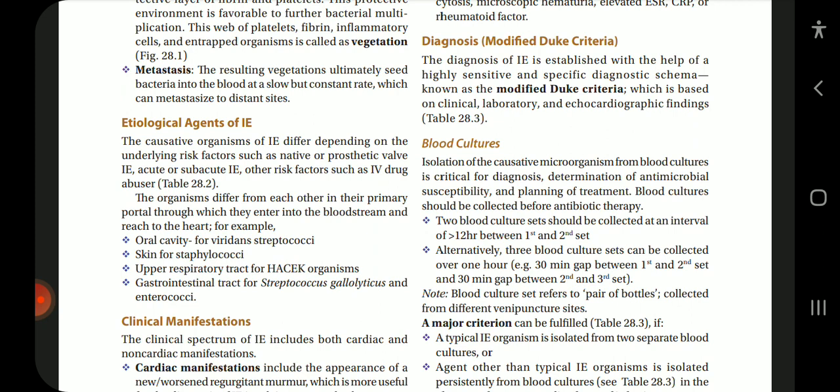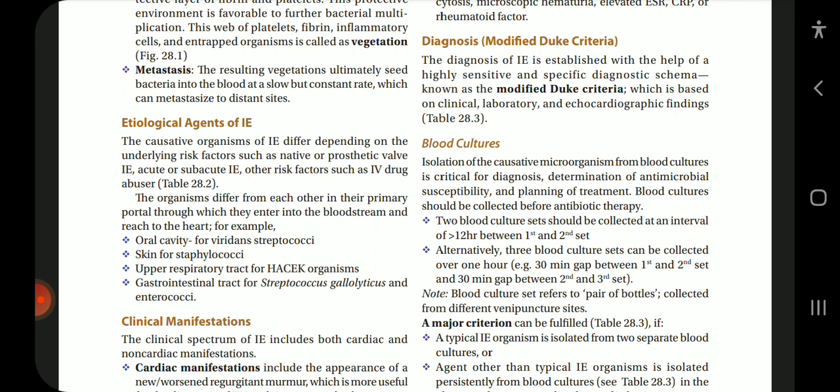The organisms differ from each other in the primary portal through which they enter the bloodstream and reach the heart. For example, through the oral cavity, viridans streptococci can reach the heart. Staphylococci can reach it by the skin. The upper respiratory tract is the portal for HACEK organisms, and the gastrointestinal tract is the pathway for Streptococcus gallolyticus and enterococci.